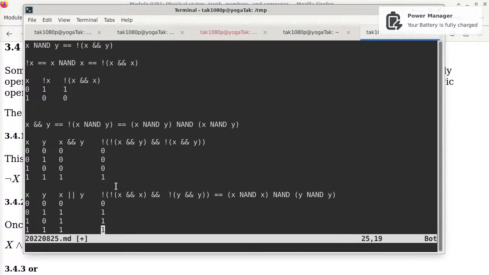This one? Yes. And which row of the truth table are we referring to? The third column, the X and Y. Why didn't you do not X and Y? Because you said not X. Oh, we want to express. This is what we want to express. Okay. Using NAND. So we want to make sure that what we want to express and the way we use NAND to express it are equivalent.